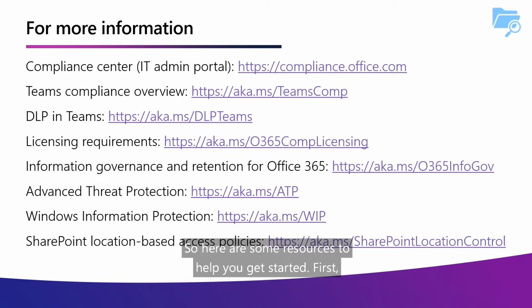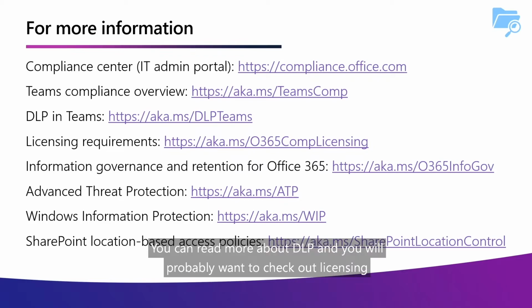So here are some resources to help you get started. First, check out the Compliance Center. That's the IT admin portal. There's also a helpful compliance overview there. You can read more about DLP, and you will probably want to check out licensing info. A lot of what I've discussed is available in the basic or any Office 365 suite, but some of these features are only in E5 or require a premium AAD license.